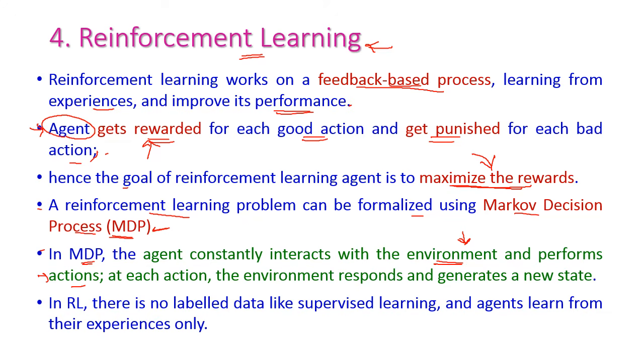At each action the environment responds and generates a new state. So, this is what MDP is. When it comes to reinforcement learning, there is no labeled data. Labeled data are used in supervised learning, hence supervised learning is very easy. But in reinforcement learning, there is no such labeled data, and the agent has to learn from its own experience.